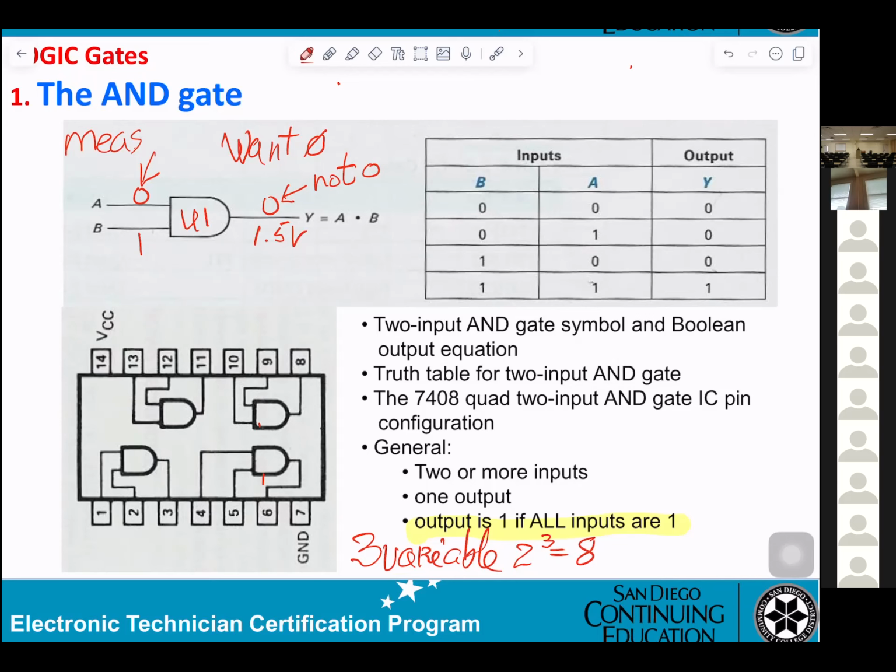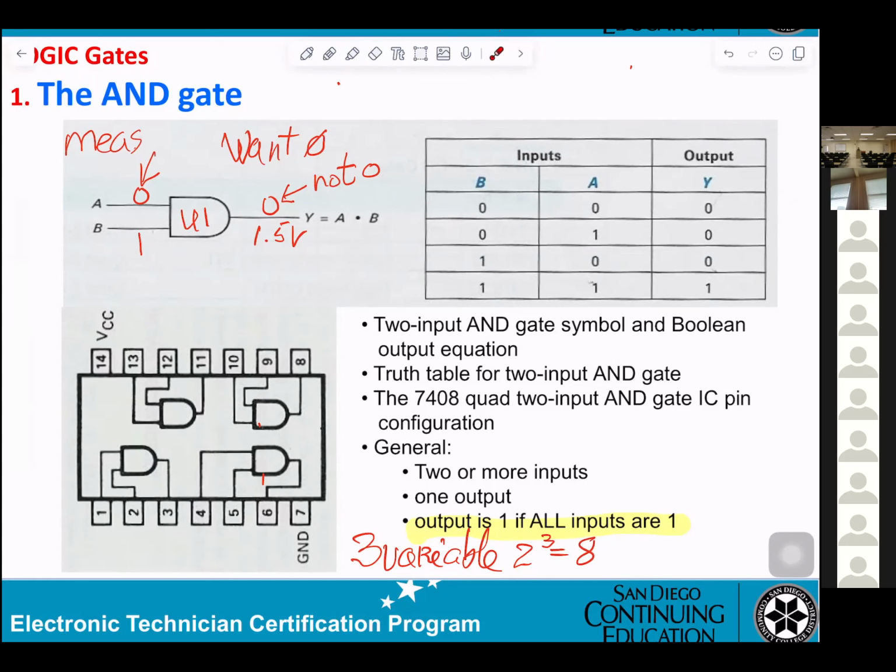Now, what I said: reading this, they say output is 1 if all inputs are 1, and if one input is 0, output must be 0.